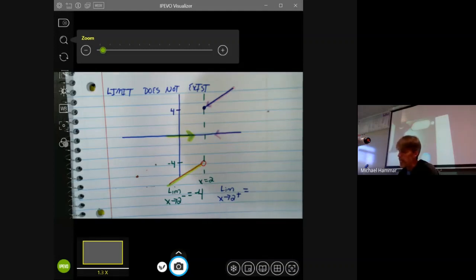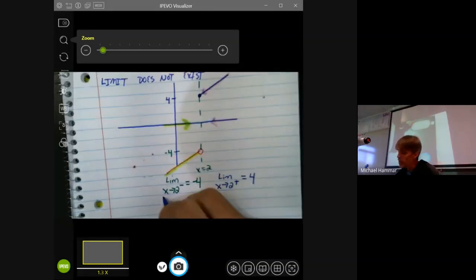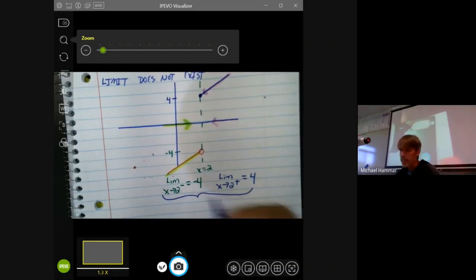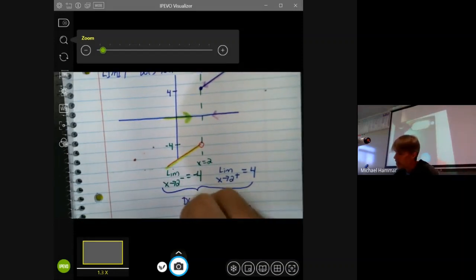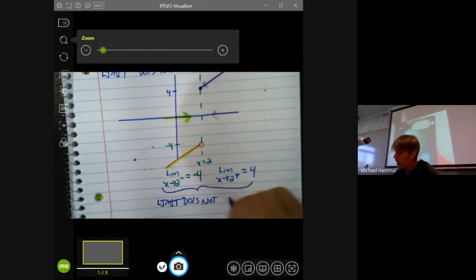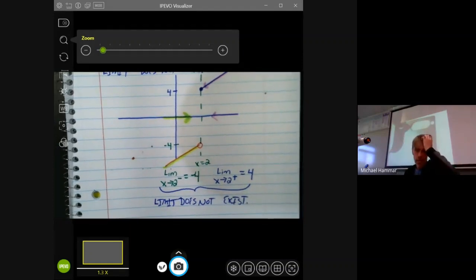So the limit as x approaches 2 from the positive side is +4. So what we would say here is the limit does not exist. Okay? So we've now seen multiple situations where the limit exists. We've also seen situations where the limit doesn't exist. Okay?